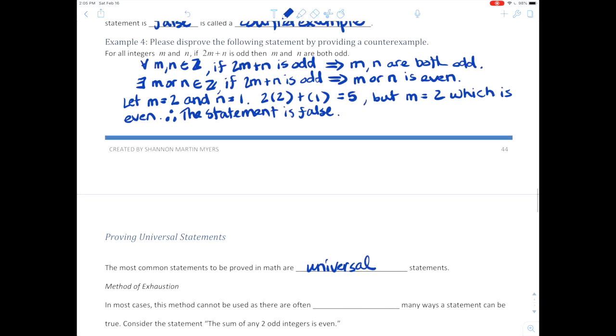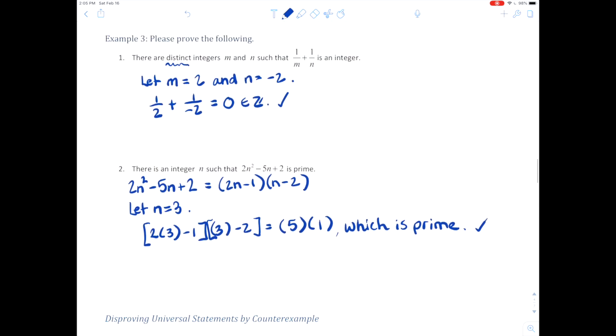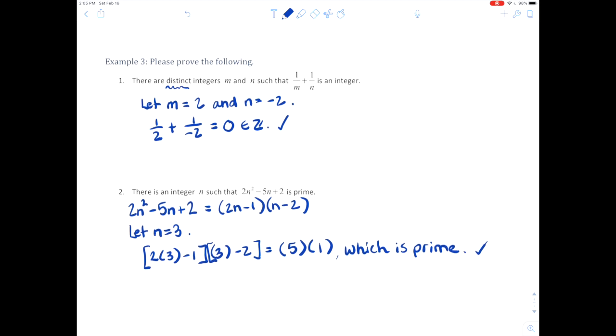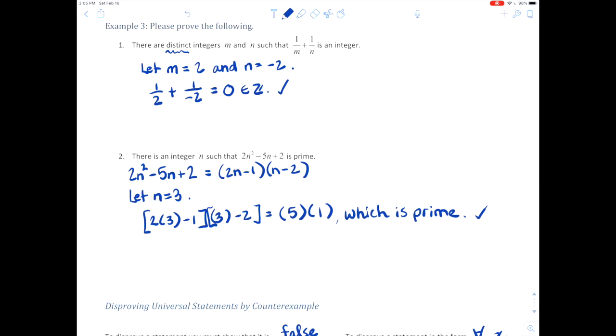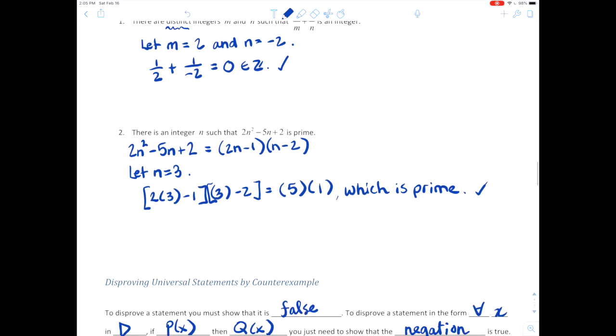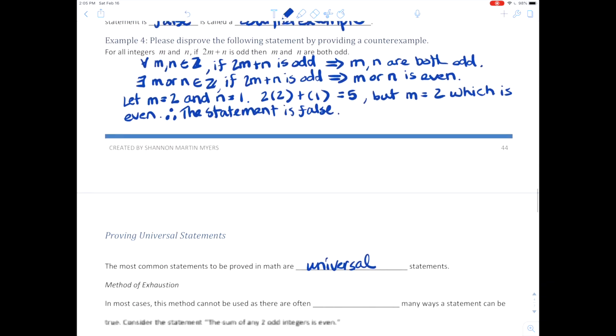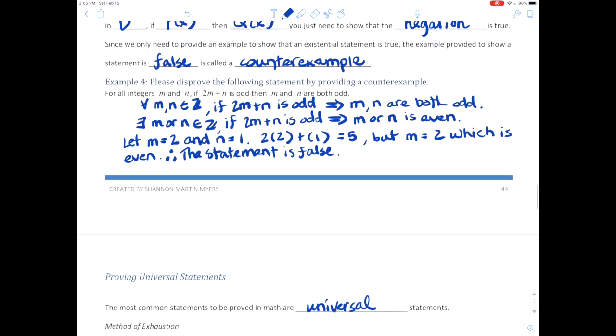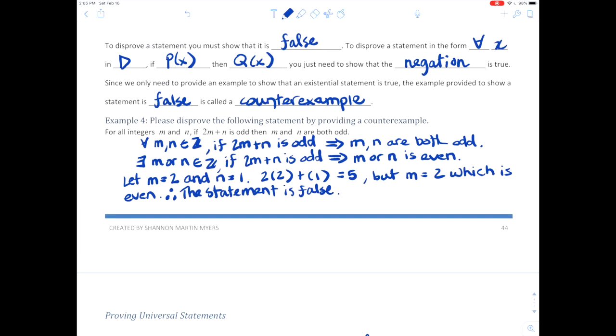Now, notice that when we were proving existential statements, meaning there exists, we were just finding actual integers and plugging them in to show, hey, there exists one. And we did the same with counterexample. We found actual members of the set of integers to show that, given this true premise, we had a false conclusion.